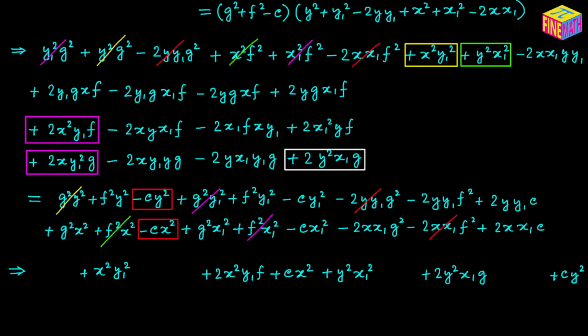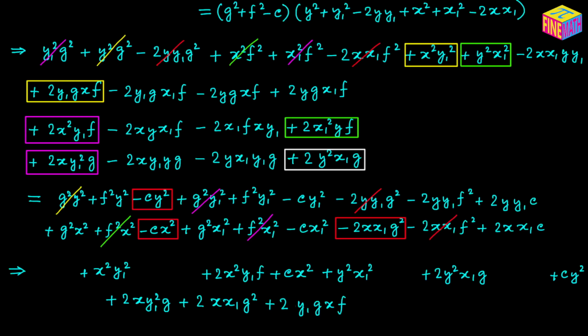And then I am going to note down 2x y sub 1 squared times g, this term. Next I am going to bring this negative term, which is 2x x sub 1 g squared, from right hand side to the left hand side. Next I am going to note down 2 y sub 1 g x f, that term. Next I am going to note down 2 x sub 1 squared y f, that term.